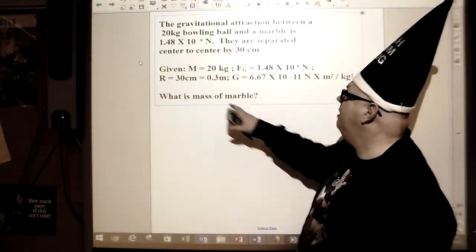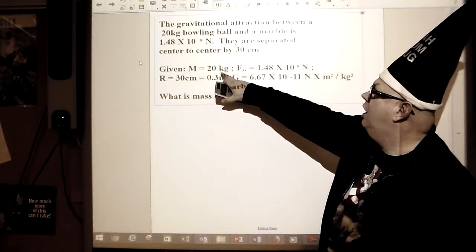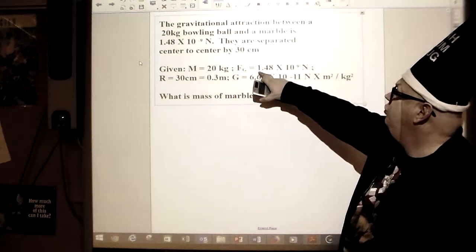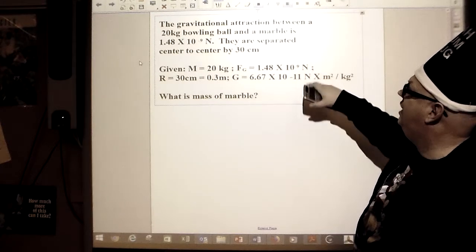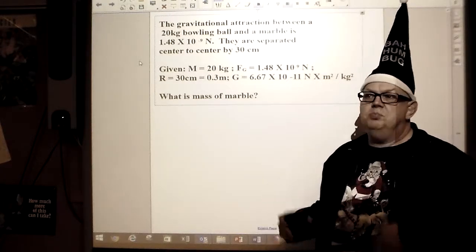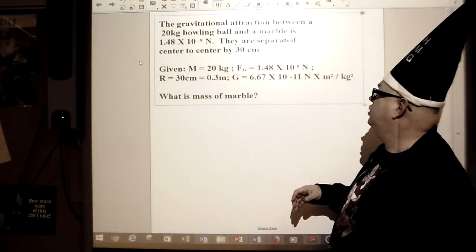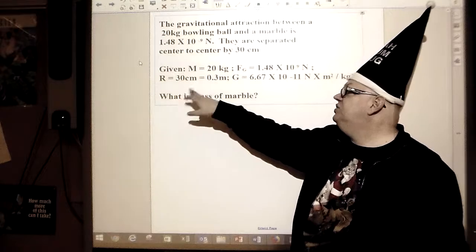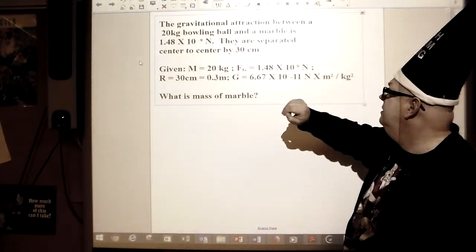Now we're given some information here. Mass is 20 kilograms, so that's our object of mass 1. Our force due to gravitational attraction is 1.48 times 10 to the minus 9 newtons, which is not much, but these gravitational forces aren't going to be large by any stretch of the imagination. The radius is 30 centimeters, which we change to meters because that's how we operate around here.